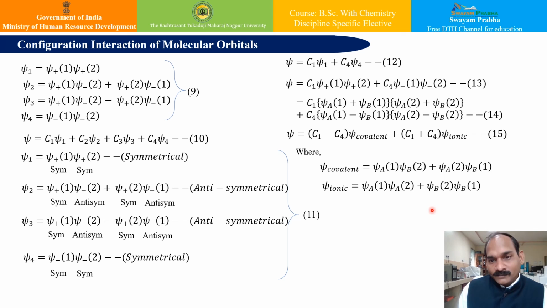So from equation number 15, it follows that molecular orbital theory with configurational interaction is exactly the same as valence bond theory, which we have seen earlier, wherein covalent nature was dominating, with the ionic terms included in it at the same time. So both methods approach each other when the covalent and the ionic terms are included in the molecular orbital theory.